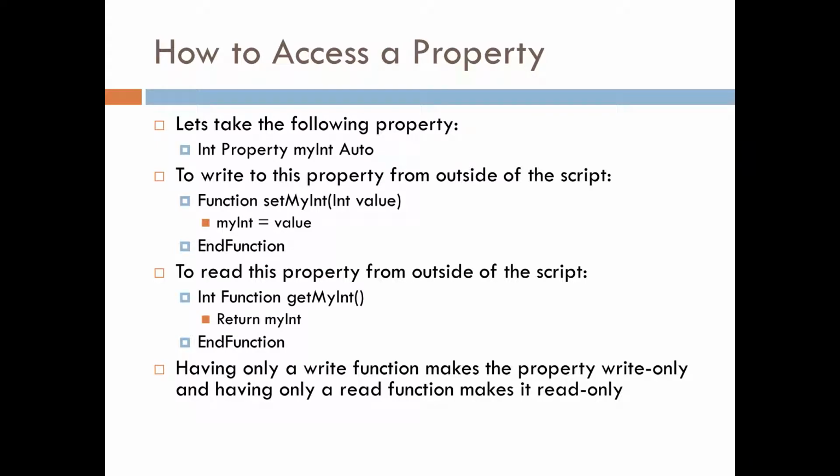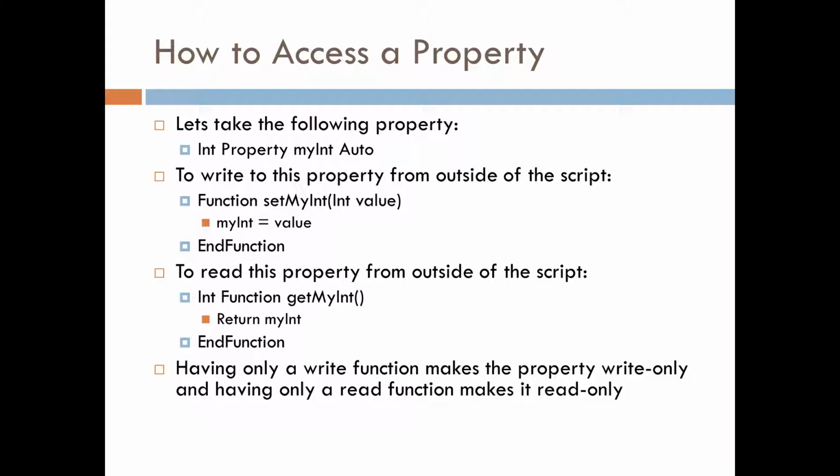So how do you access a property outside of a script by another script? You have to write special functions. To write to a property, you have to have a setter function. In an example here, we have an int property called myInt, and we have a function here, setMyInt, and it's passed in an argument called value.